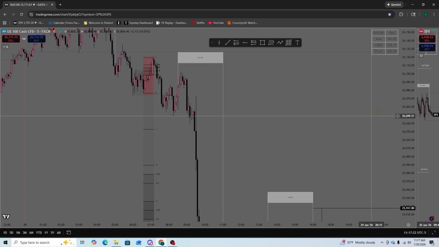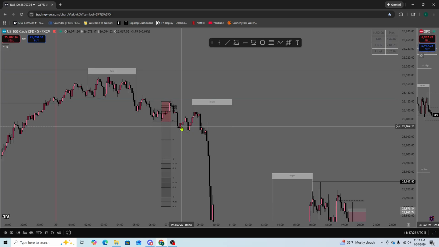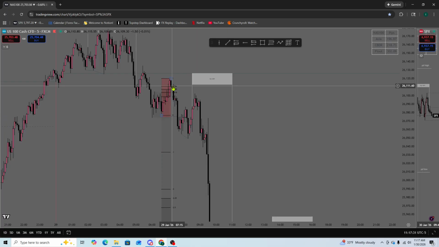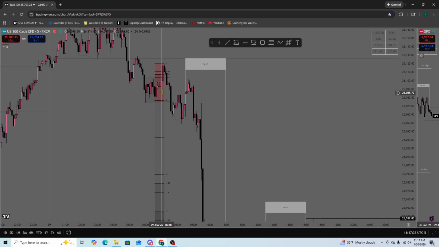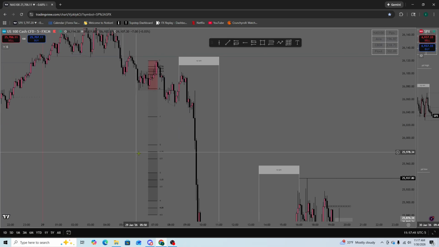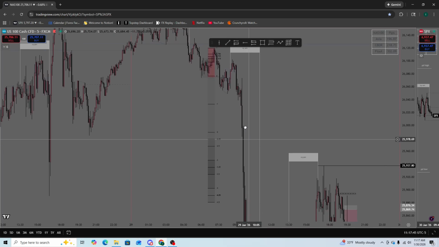All right. So what are we looking for? We see our manipulation down. We see our distribution down. We see our break of structure. We come down here, the -1 zone. We're consolidating a little bit more. We blow straight past the -2, -2.5 zone. Look at this here.